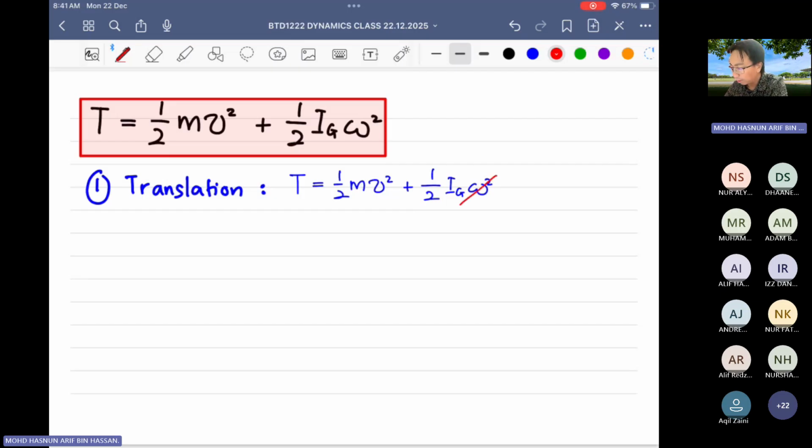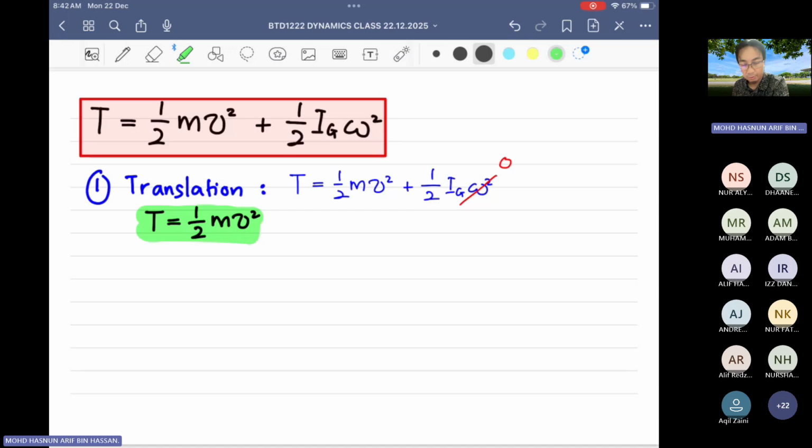Therefore omega is equal to 0, so the whole rotation part is also equal to 0. What is left is T equal to 1/2 mv square only.